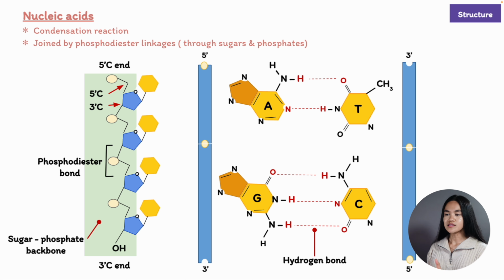Now, how can the information be carried accurately though? This is where the double-stranded structure of DNA comes in, because like we've covered, each strand of DNA contains a sequence of nucleotides that is exactly complementary to the nucleotide sequence of its partner strand. So then each strand can act as a template for the synthesis of a new complementary strand.